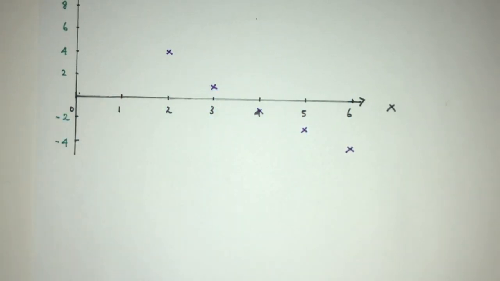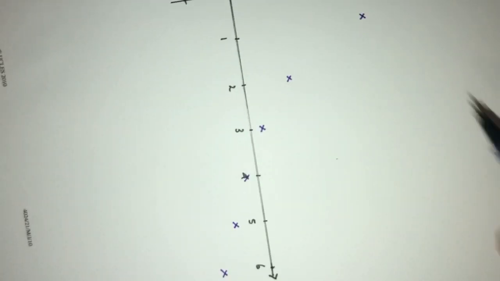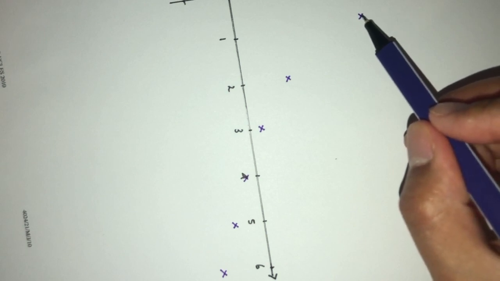Okay, so now we have all the points that we need. We can draw the graph correctly. Let's try our best to join them by a smooth curve. It should be something like this, I think.